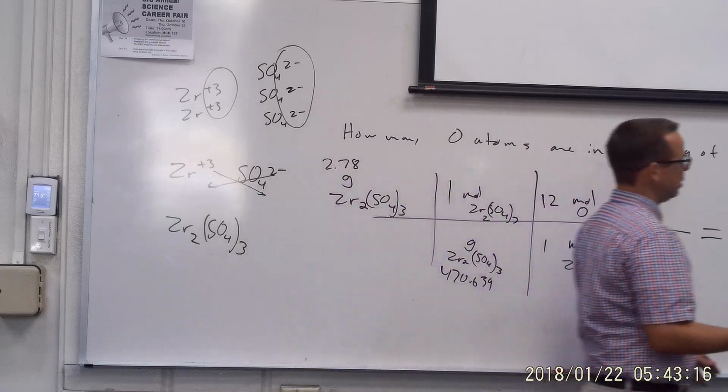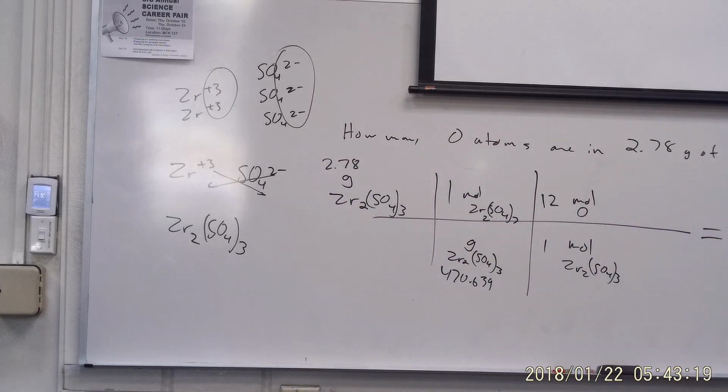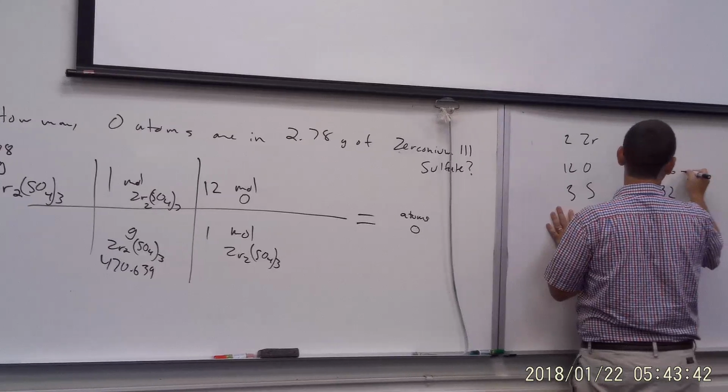Now, how did we get that? We had to look at the mass of zirconium, right? There's 2 zirconiums. There's 12 oxygens. Let's just put it like this. 2 zirconiums, 12 oxygens. How many sulfurs? 3 sulfurs. Sulfur is 32, so 32 times 3. 12 times 16.